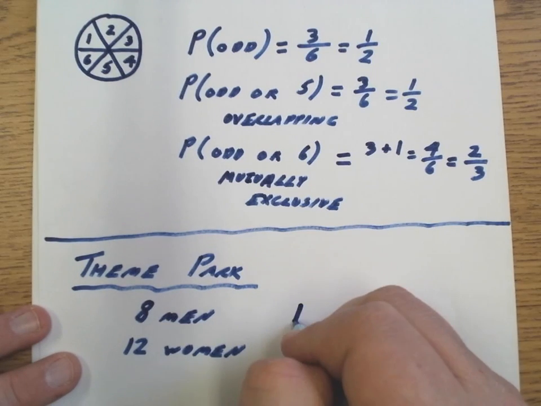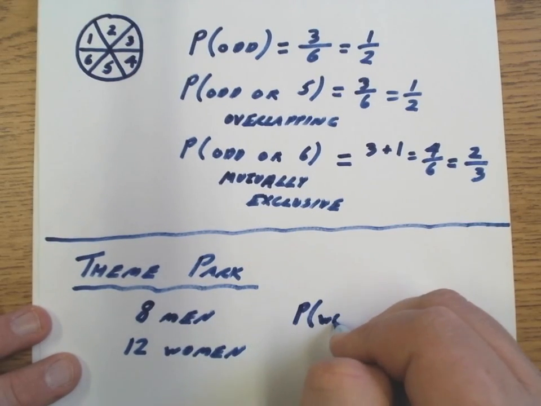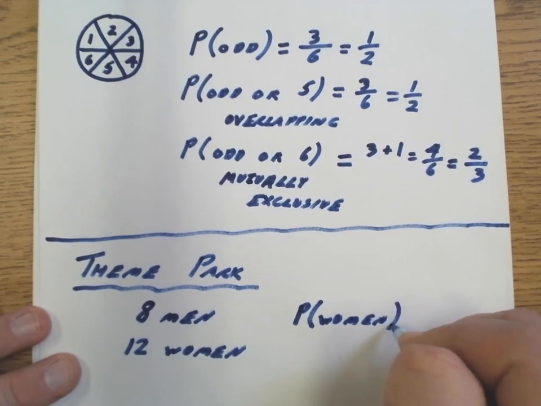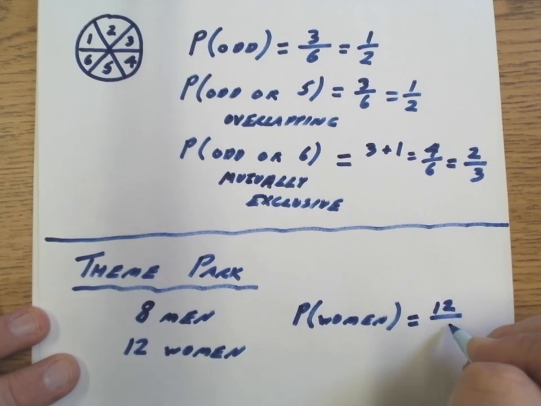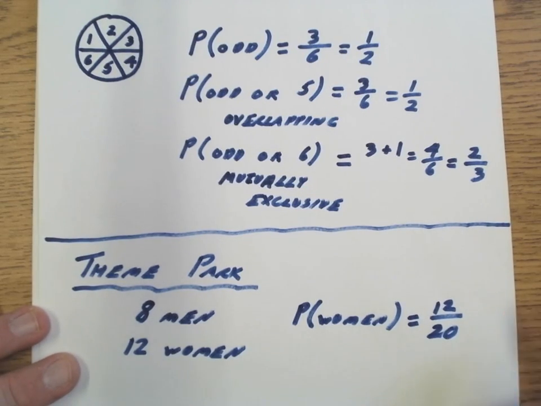Well, the probability that the person that comes through the gates is a woman is 12 out of 20, 20 being 8 plus 12. That reduces nicely, dividing both by 4, to 3/5.